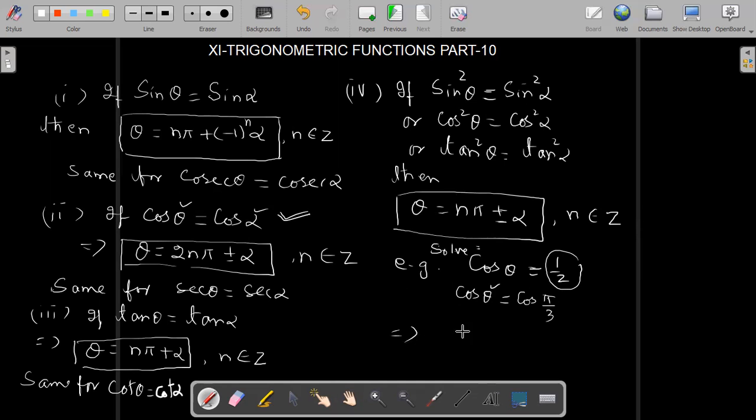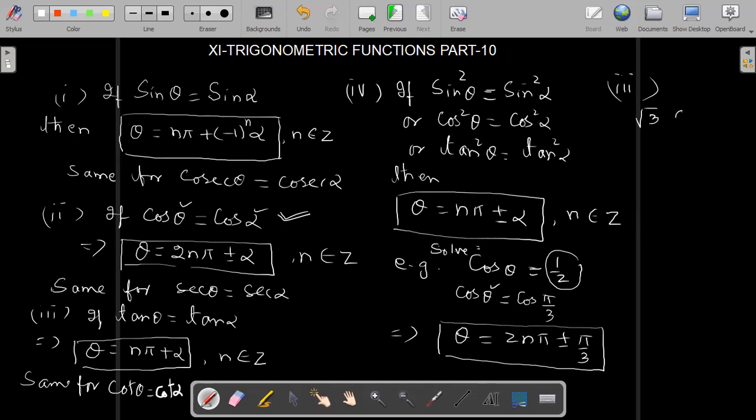So the general solution will be theta is equal to 2n pi plus minus pi by 3, applying this formula. That's all, it's very simple. You have to look at the right-hand side and see whether we get some standard value, and a standard value will be given.